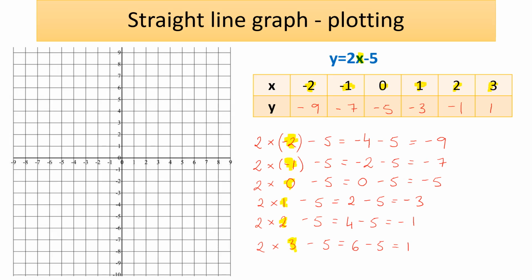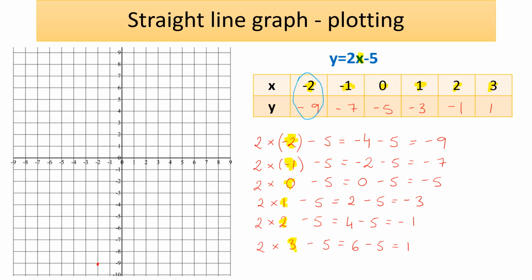Now I can use those values and plot them as coordinates on the graph. The first coordinate is this, -2, -9. Remember that the first coordinate that you use when you plot is the x coordinate. So -2, this is the x coordinate, and -9, so that's going to be right here.